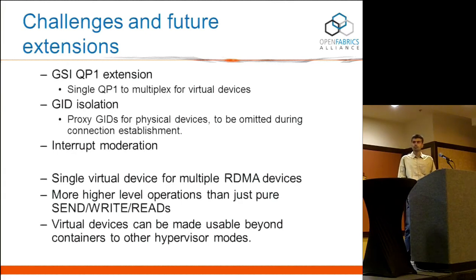Obviously OFI is moving in that direction, and we believe that the OFI interfaces could translate to these higher level transaction verbs, and those could be applied to the virtual device. So that's all I have for virtualization support for the Linux containers.